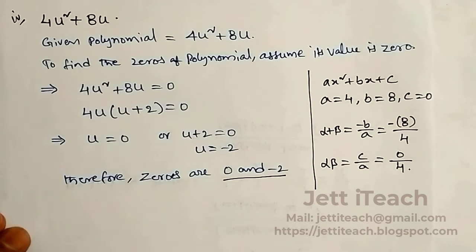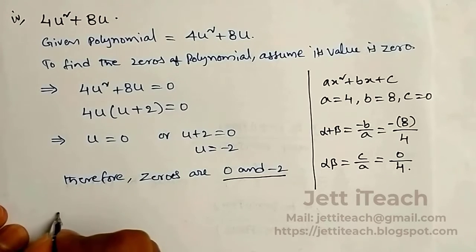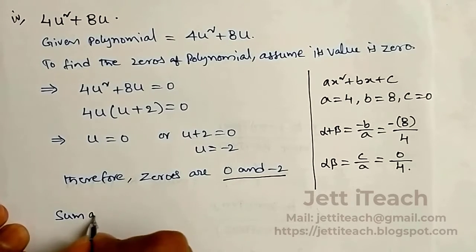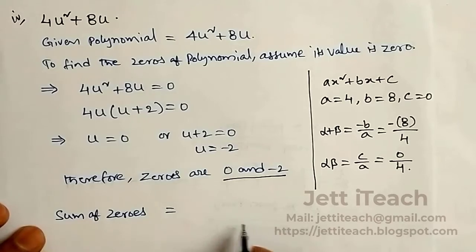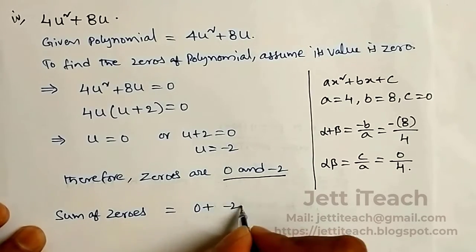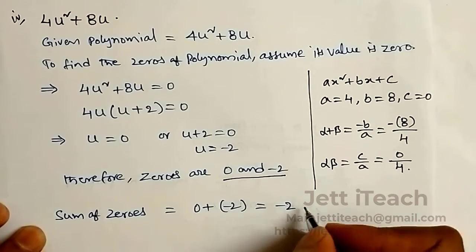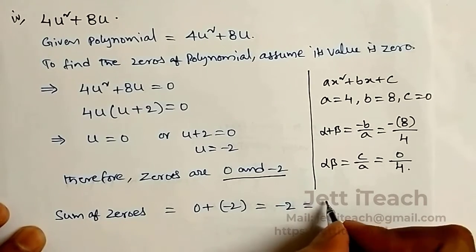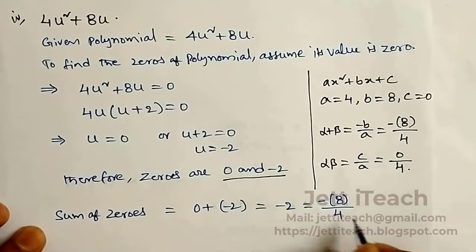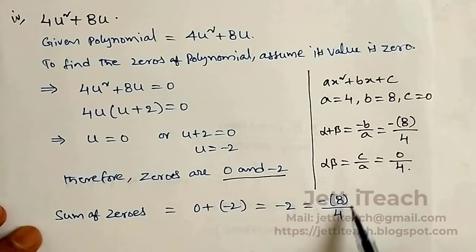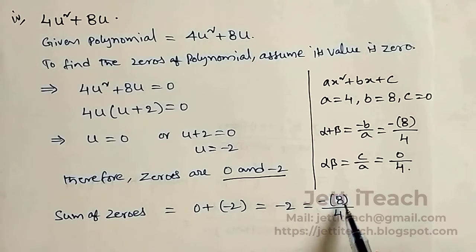You can write the sum of the zeros as 0 plus minus 2 equal to minus 2. I can write minus 2 as minus 8 by 4. Both are same. If you simplify, 4 twos are 8, you will get minus 2, which is same. The reason for writing like this is I want to write in terms of coefficients.